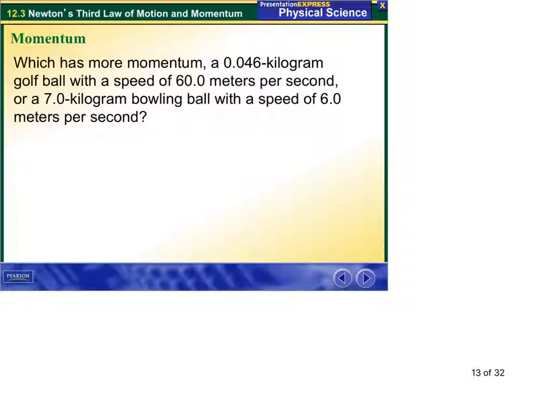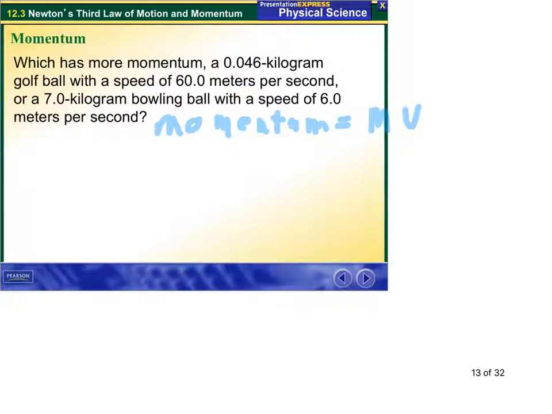Example question, which has more momentum, a 0.046 kilogram golf ball with a speed of 60 meters per second, or a 7 kilogram bowling ball with a speed of 6 meters per second? So we just use our formula. Momentum equals mass times velocity.